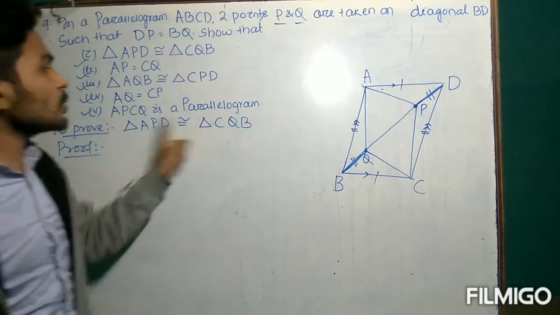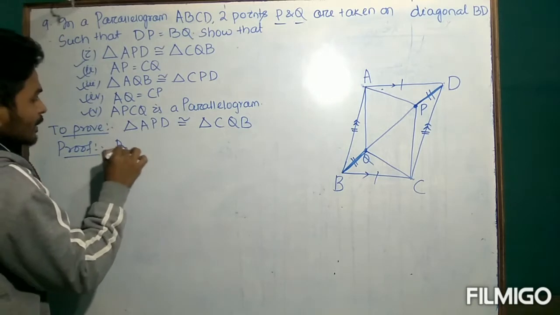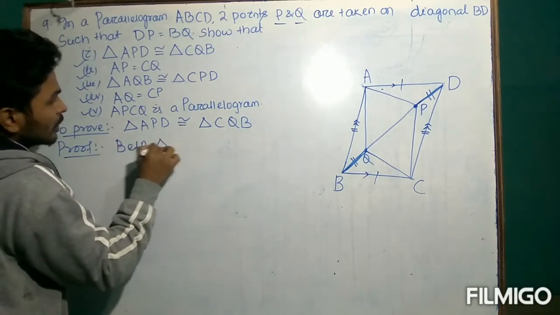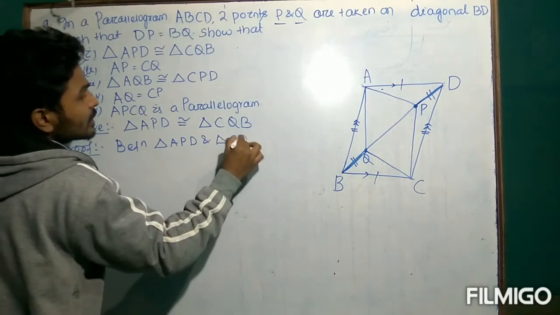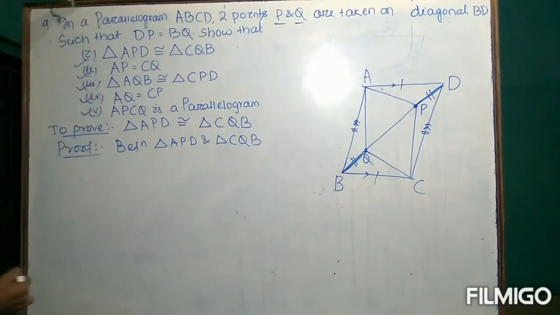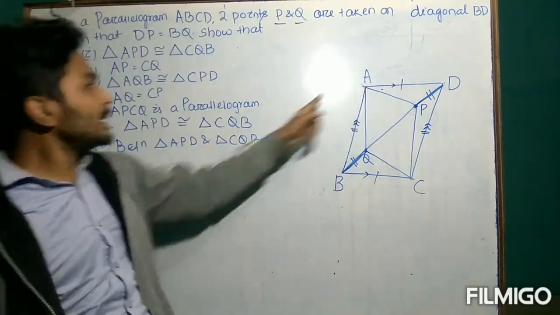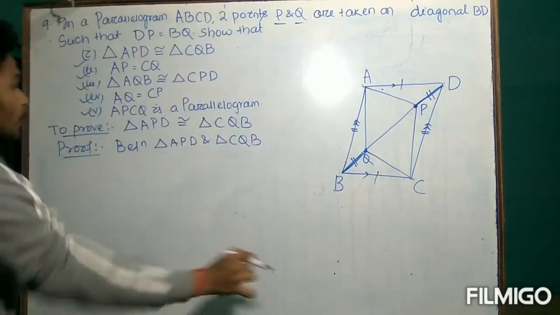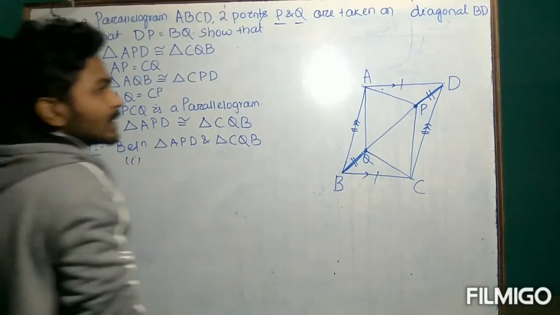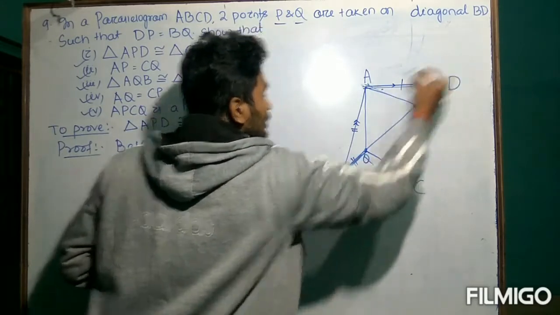In order to prove these two triangles to be congruent, we have to compare them. So we can write between triangle APD and CQB. AD is a side of this triangle APD.